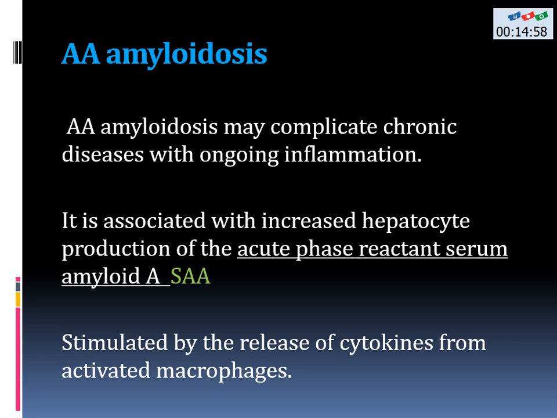It's associated with increased hepatocyte production of an acute phase reactant called SAA. This is different from SAP, which is normally present in plasma, but this is called SAA, serum amyloid A protein. The stimulation is further enhanced by cytokine production.